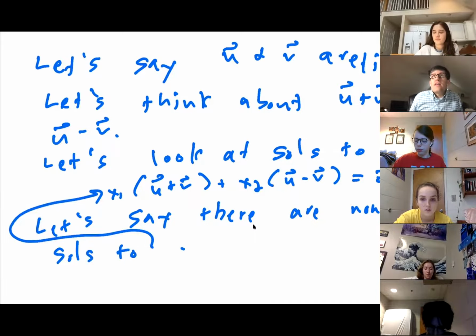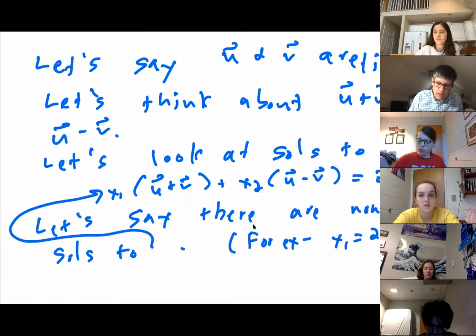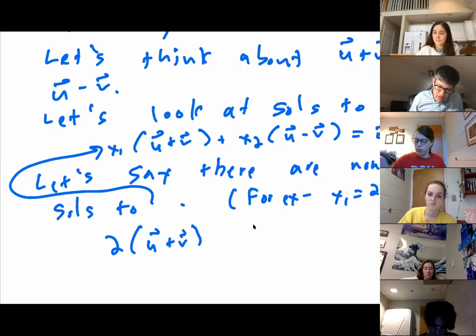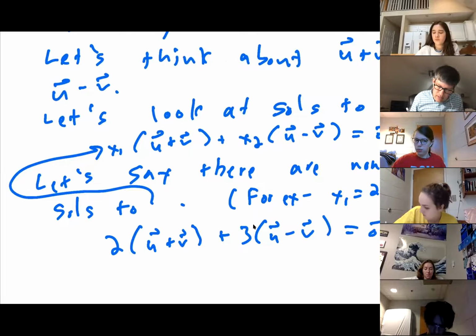For example, x1 is equal to 2, x2 is equal to 3, just for an example. Something like 2 times u plus v plus 3 times u minus v is equal to 0, because that's what it would mean. Sorry, that's the opposite of linear independence. That would mean it's linearly dependent, if there's non-trivial solutions.